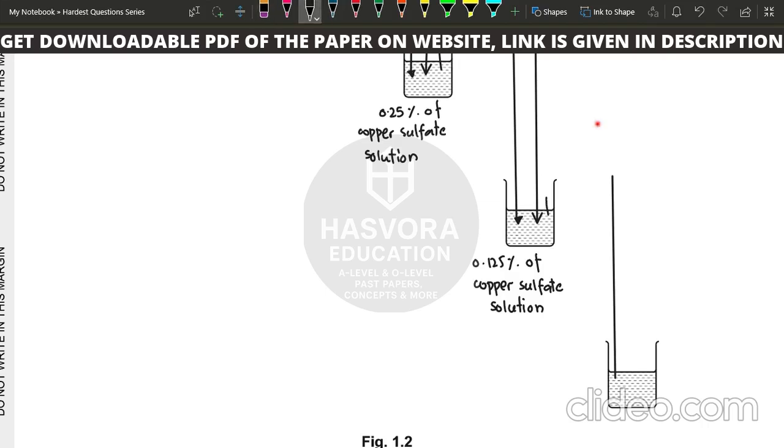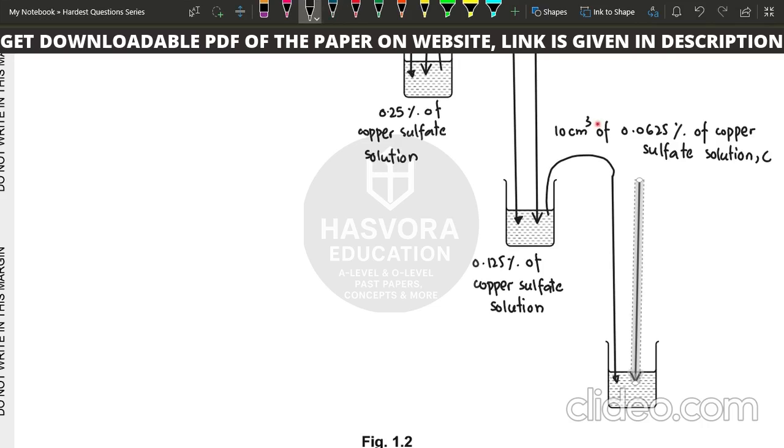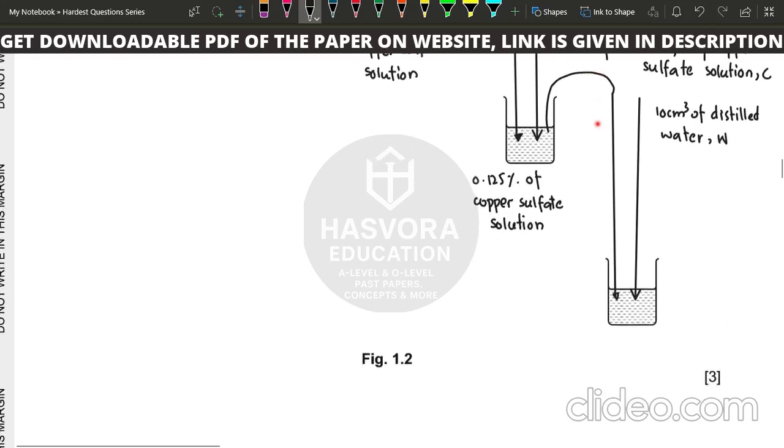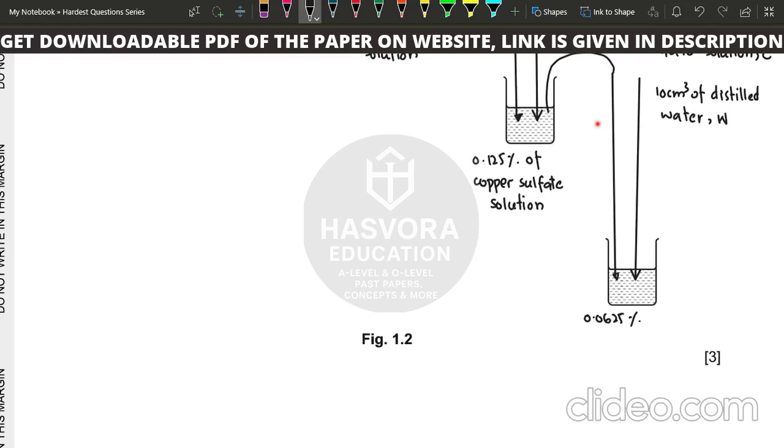So this will be something like this, and this time I am transferring 10 cm cube of 0.0625% copper sulfate solution C, and this will be 10 cm cube of distilled water W, and at last I will obtain 0.0625% copper sulfate solution.